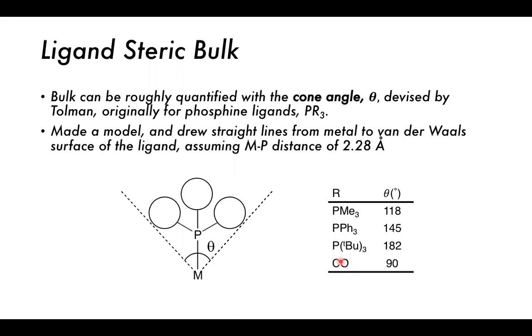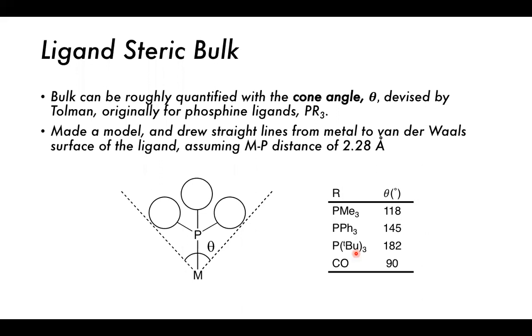carbonyl ligands. You can see that as the Tolman angle gets larger, it's going to be harder for this metal-phosphine bond to be formed. So trimethylphosphine is much easier to form than triphenylphosphine, which is much easier to form than tri-tert-butylphosphine.